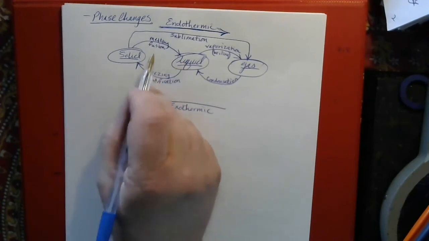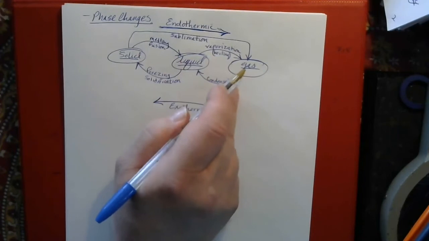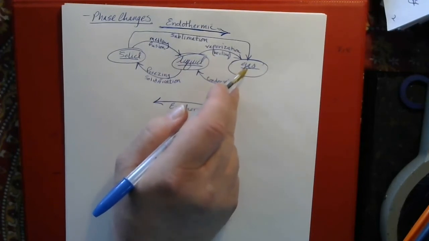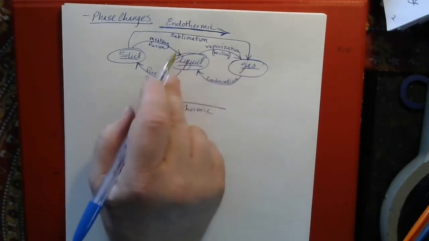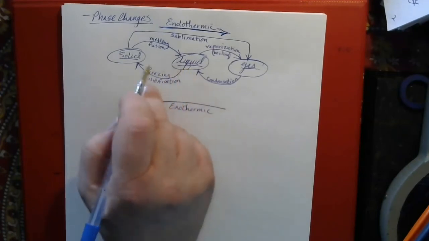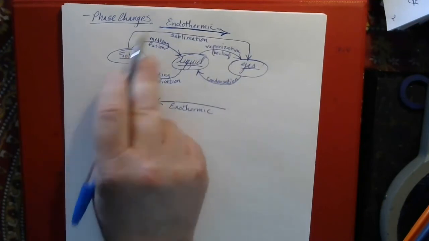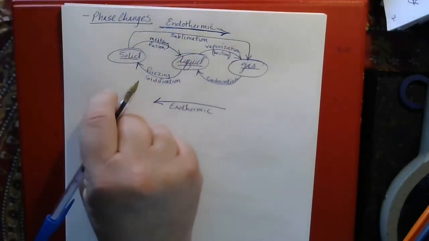And that's because of sublimation. The ice is going directly to gaseous water vapor in the freezer. It can't go to liquid water because the temperature in the freezer is constantly below the freezing point of water. But the water can sublime below the freezing point of water, and that's why your ice cubes are disappearing.